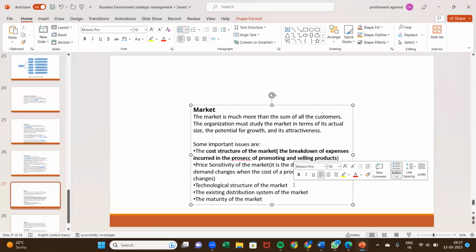The technological market or the technological structure will always tell us what impact it can have on the business environment. So how will technological marketing affect the environment? It can tell us that the business has created more targeted markets.